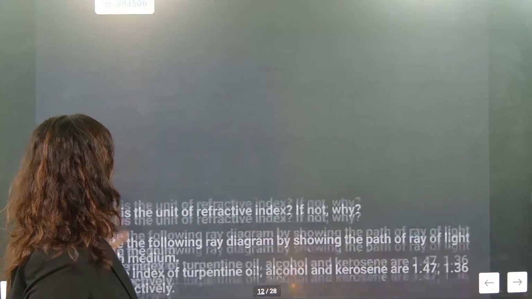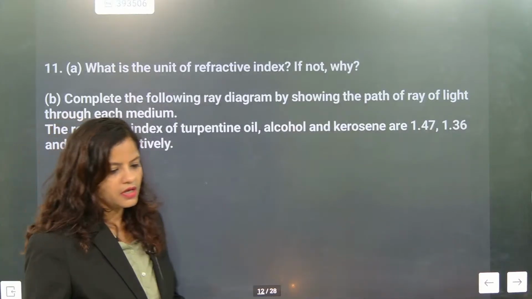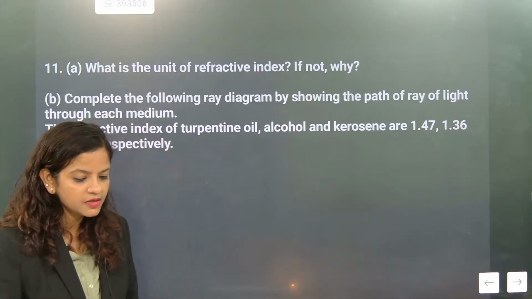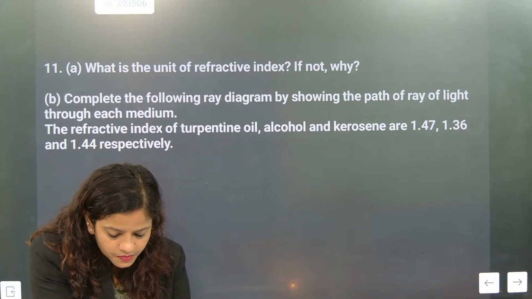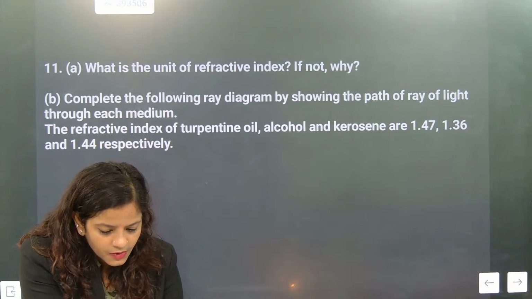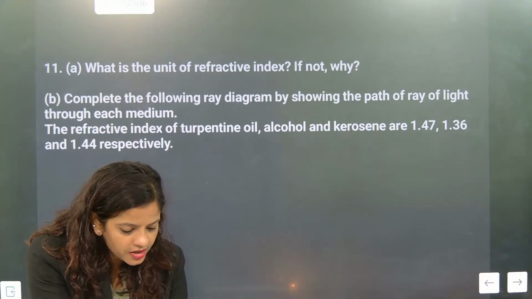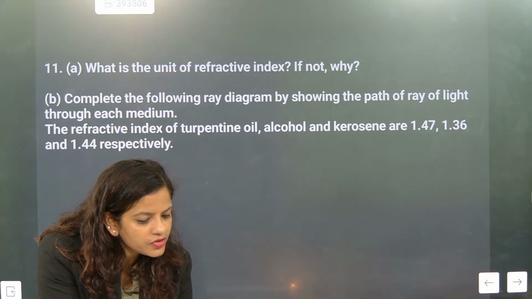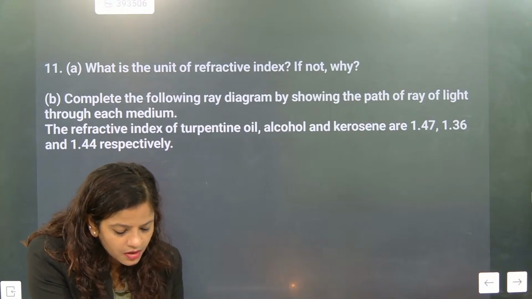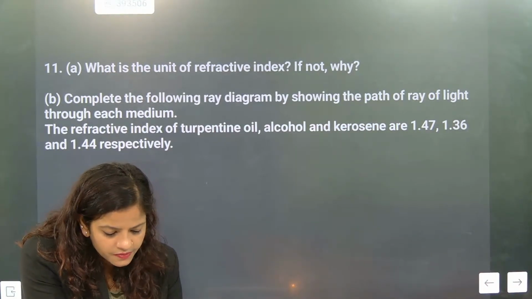Question number 12 we will go. 11. Go for it please. Yes. Now go for this question please. We did not do this question at least. It is ratio. Very good. Next question you solve. That is the magnification question, na?